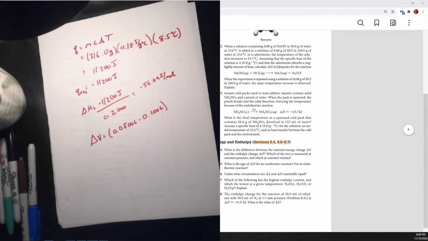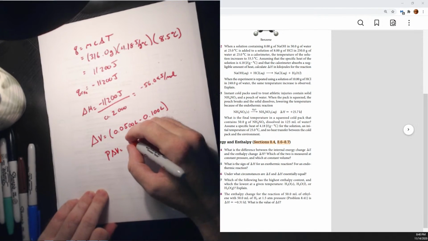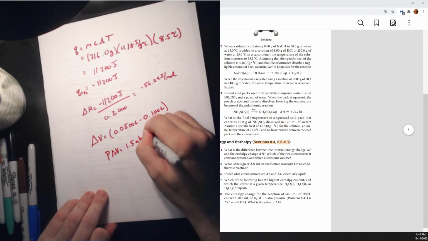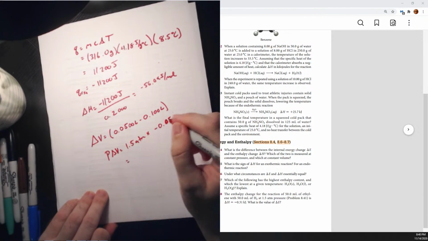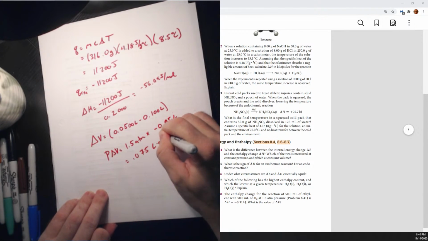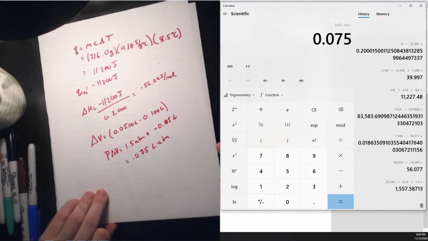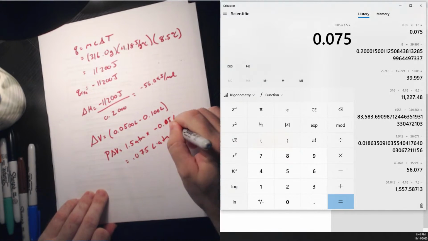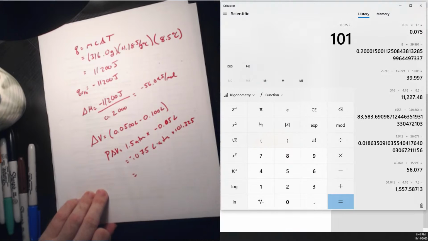All right. And delta H is negative 0.31. So P delta V is going to be 1.5 atmospheres times negative 0.05 liters, which is negative 0.075 liter atmospheres. Then we multiply that by 101.325.